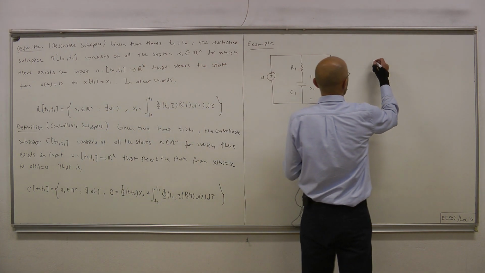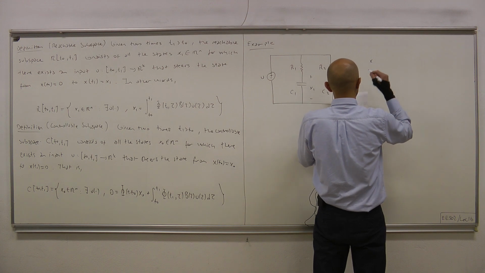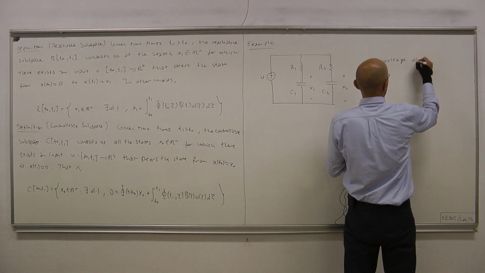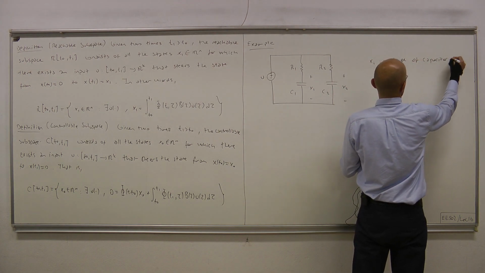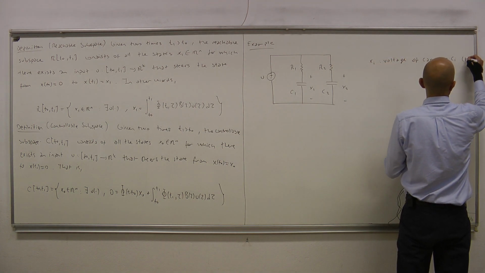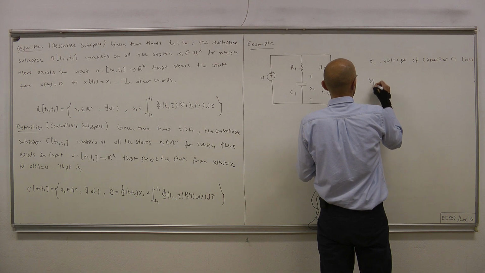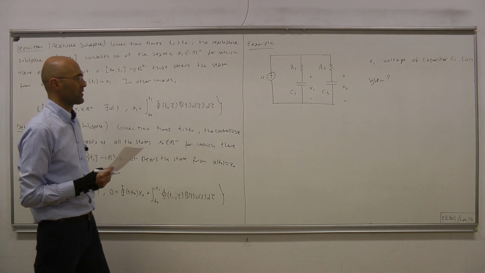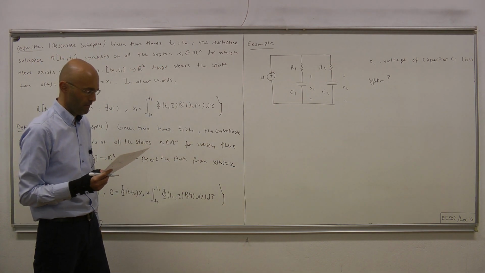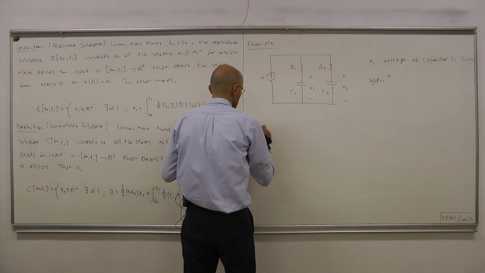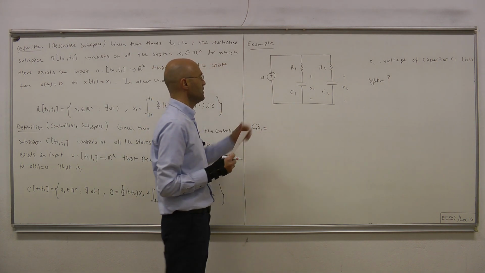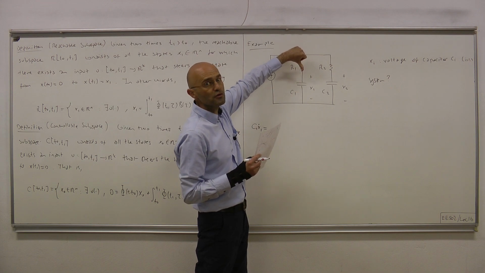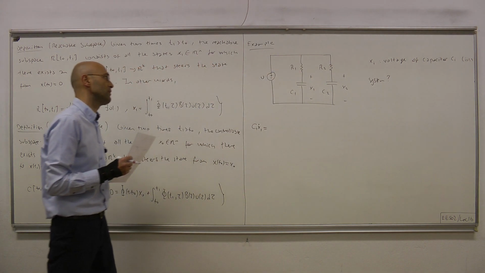Now xi is the voltage of the capacitor Ci, i equals 1, 2. Let's obtain the state space representation for this system, namely x dot equals Ax plus Bu. Let's figure out the A and B matrices. So C1 x1 dot is the capacitor current, and that current is the current that flows through R1, because R1 and C1 are in series.